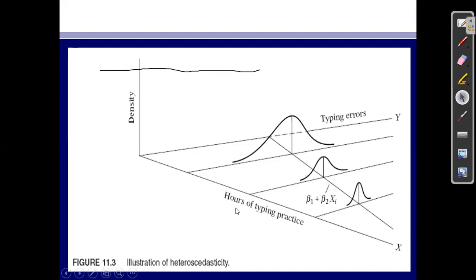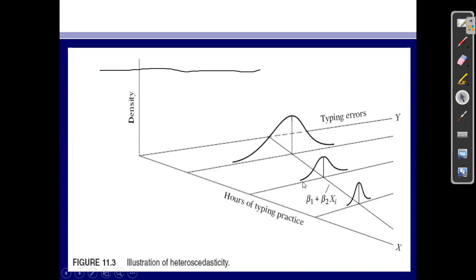So the purpose of these two examples is just to tell you that our original assumption assumes that the variance should remain constant. And under this constant variance assumption, we get some standard results for our regression model. But now we discover that it's not necessary in real life that this constant variance assumption may be holding.